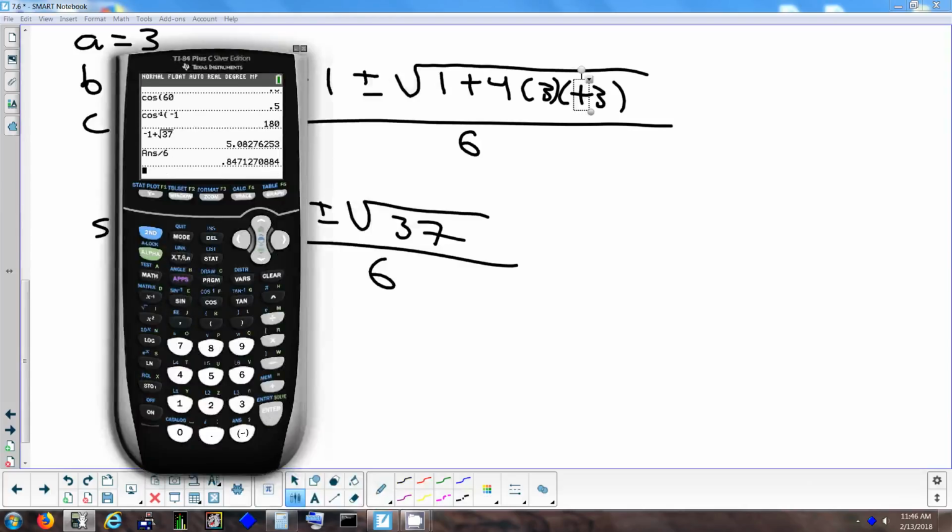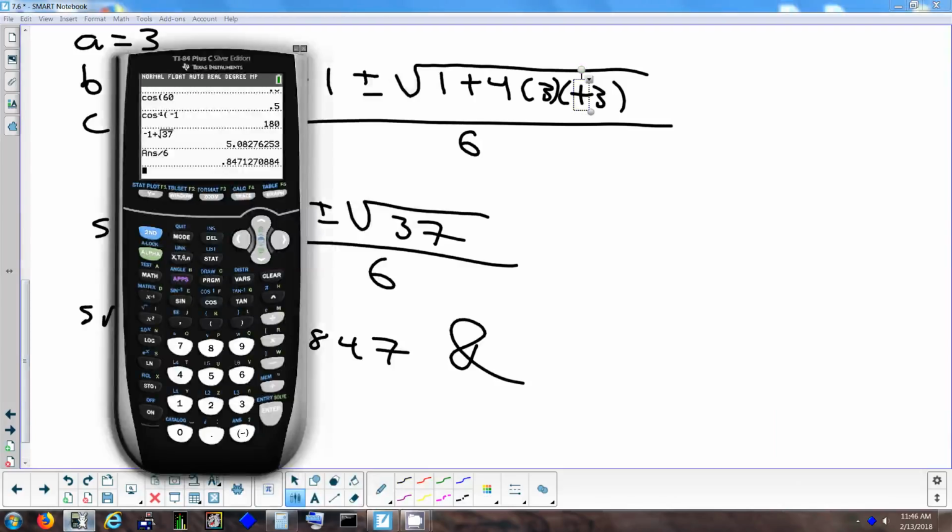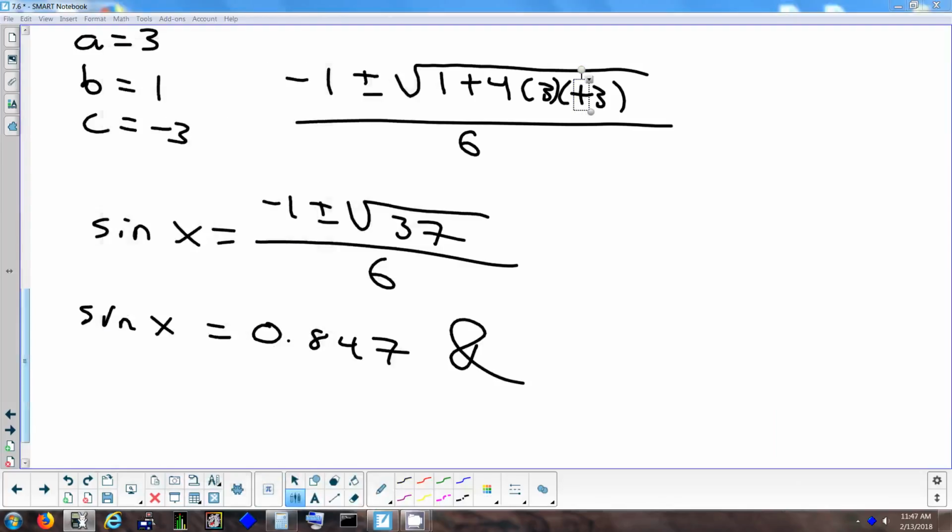So one answer is 0.847. Just round it to 3. Now do the same thing except do -1 minus the square root of 37, divided by 6. The other one is -1.18.